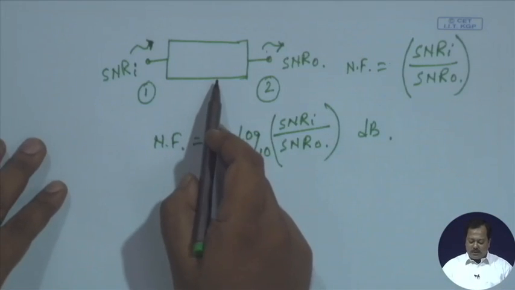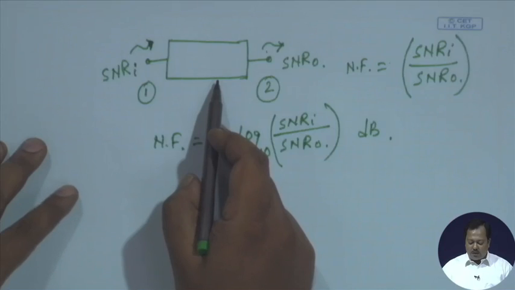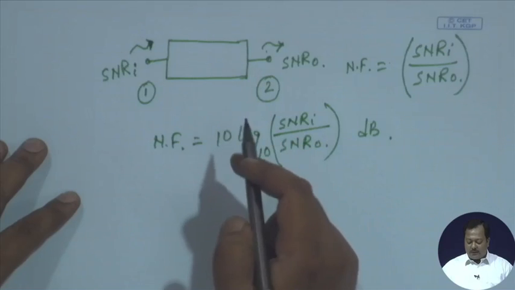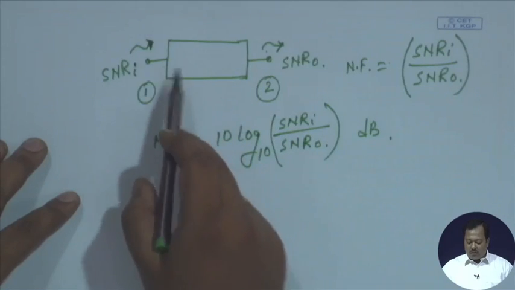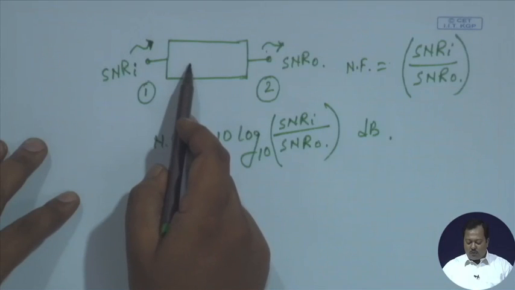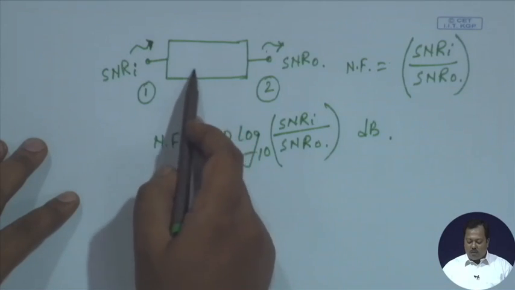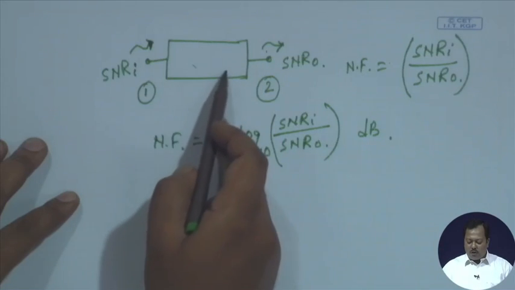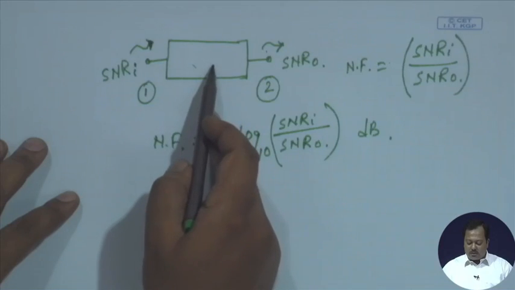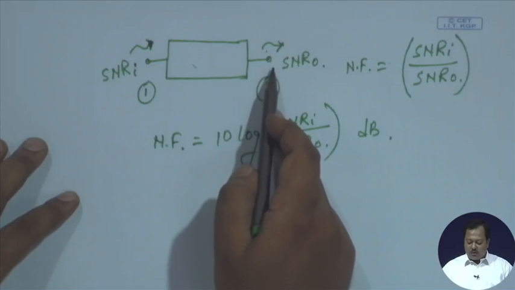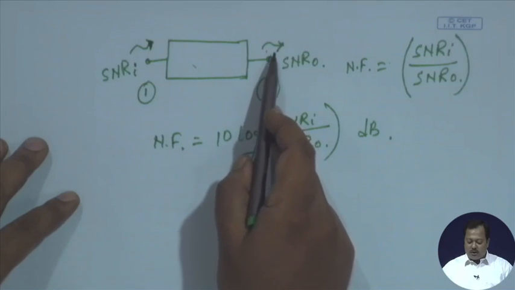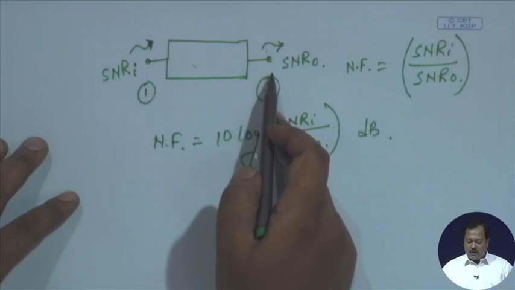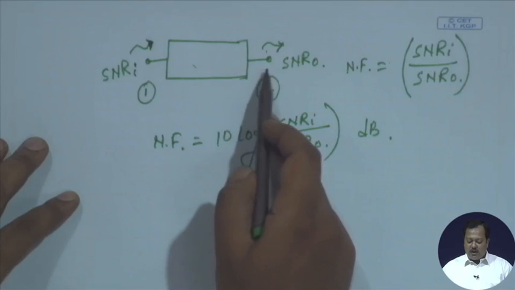So, for a lossy system, for any given passive network, let us say a filter, it will increase the noise figure. Why? Because whatever signal is coming at the input port, due to the loss, the signal component will be attenuated further, and at the same time this component will add some noise. So, at the output the total noise contribution is increasing, but the total signal strength is decreasing. As a result, we expect that the noise figure will increase.